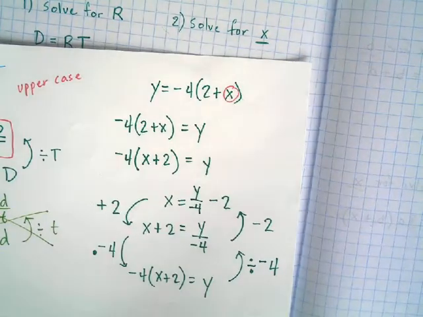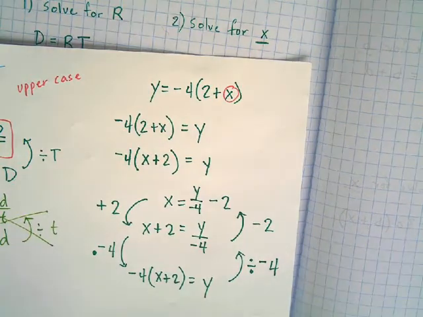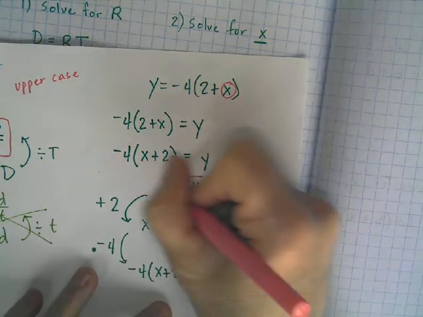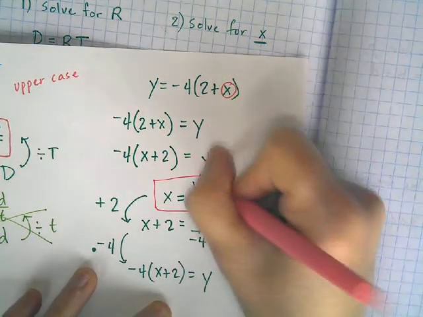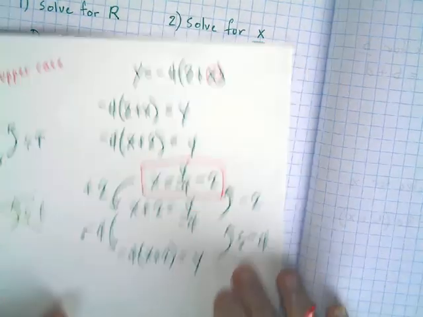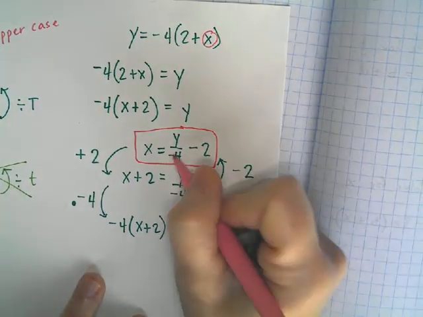Now, if you put this into Math Space, it's going to tell you you're not quite right. Really annoying. Math Space doesn't like having the negative sign right here.